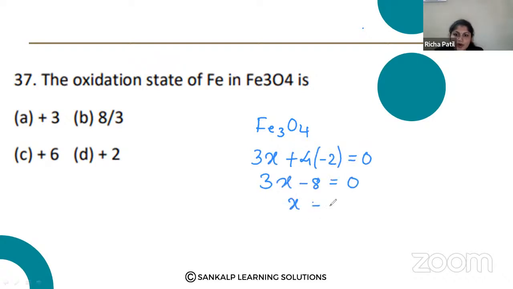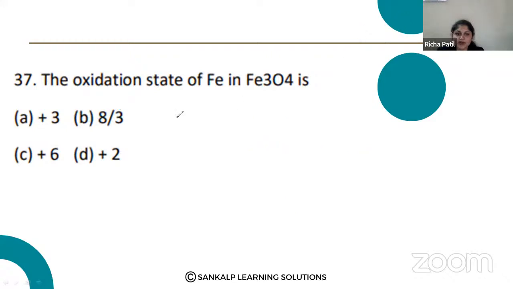So x equals what? 8 by 3. This is the correct answer. This is the way you find the oxidation state. Whichever you have to find, you write it as x. In this case, how many Fe were there? 3 Fe, right? So you write it as 3x.